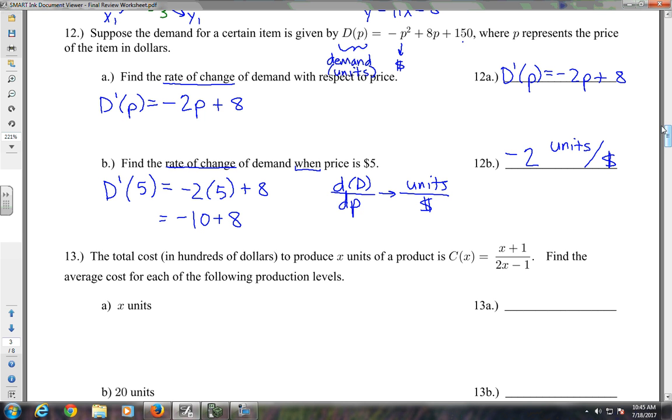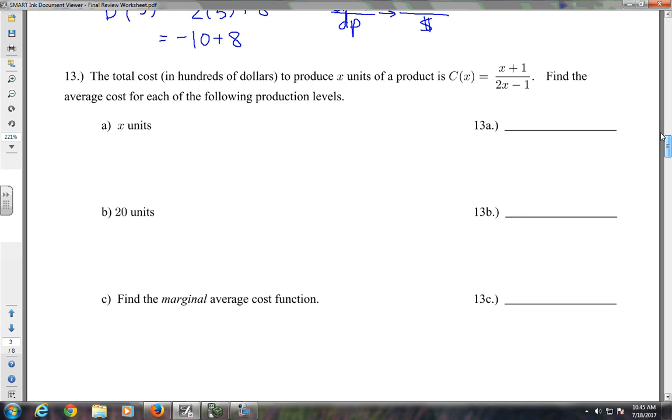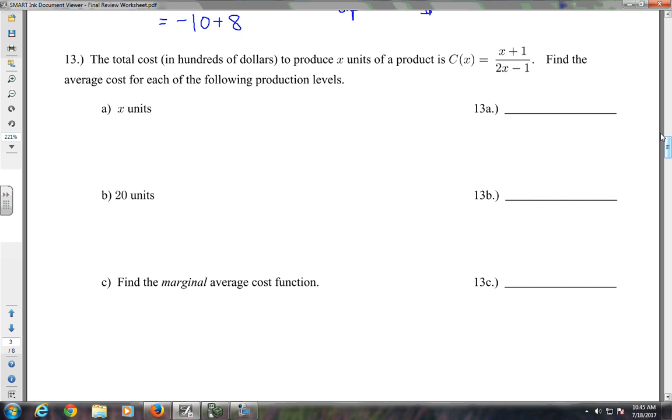Okay, problem number 13, let's move on. The total cost in hundreds of dollars to produce X units of a certain product is C of X. So in this case, X is number of units, and C is total cost, and that would be in dollars.